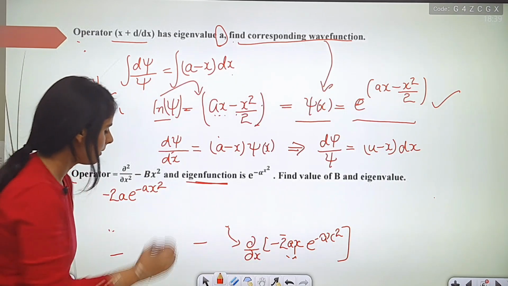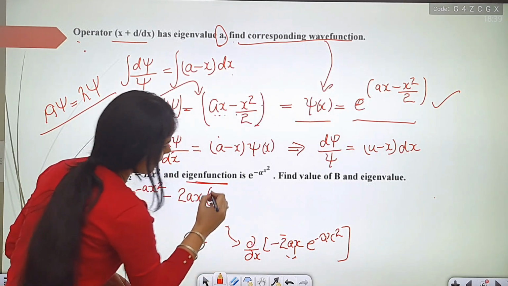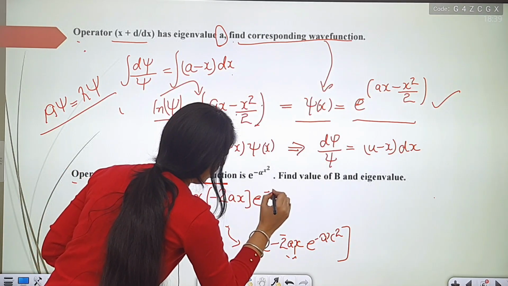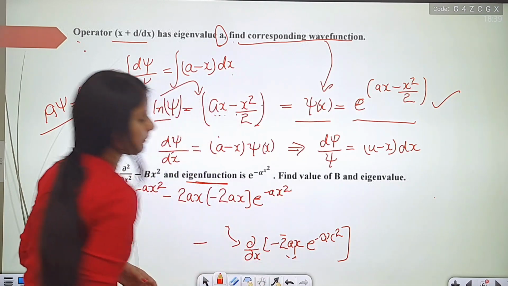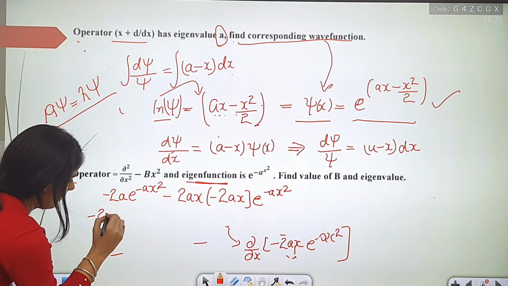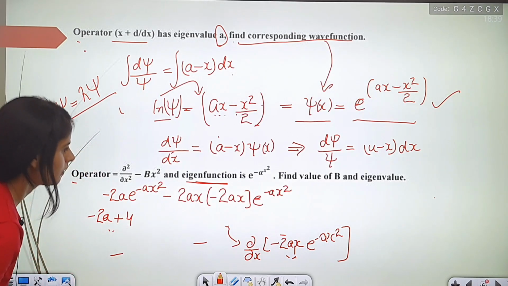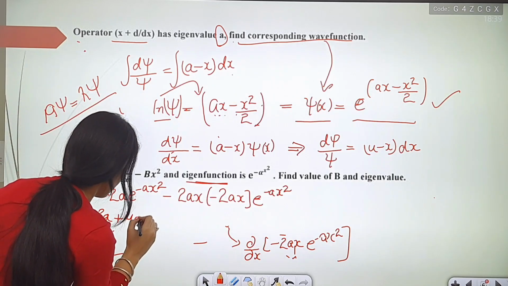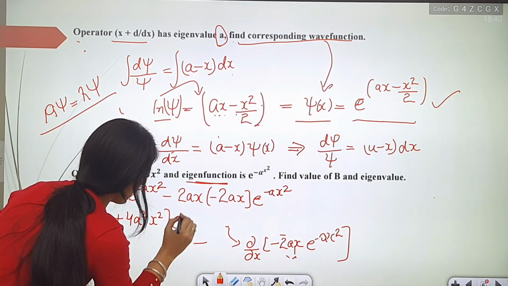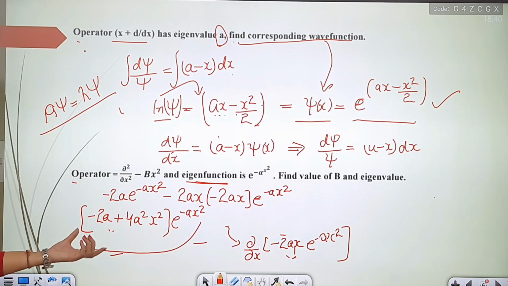With the second part, minus 2ax into minus 2ax in e raised to power minus ax square, so this is plus 4a square x square into e raised to power minus ax square. So this is the value of the double derivative.